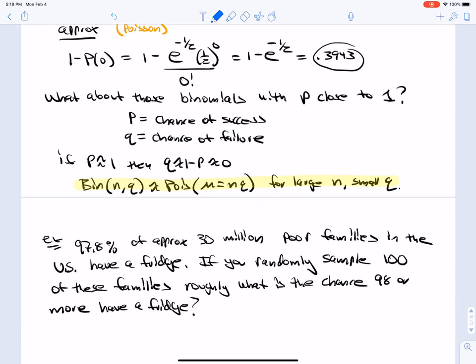Now what happens if p is close to 1? Well, in that case, q is close to 0. So binomial n, q is going to be close to Poisson with mu equal to nq, for n large and small q.